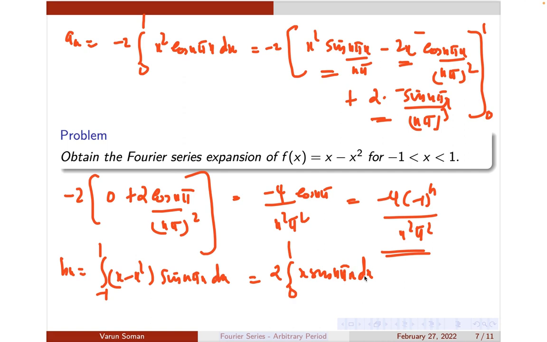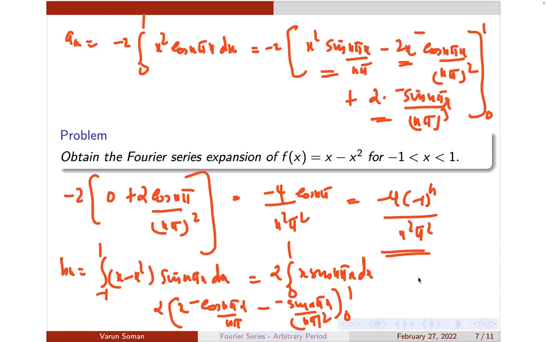Now for this, you can directly apply integration by parts. So it will be 2 into x into minus cos n pi x by n pi, minus 1 into again minus sin n pi x by n pi the whole square, in the limits 0 to 1.